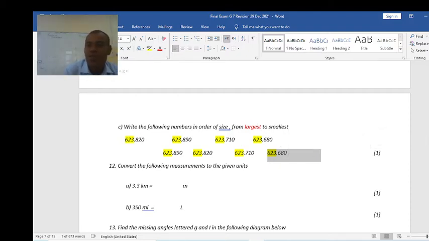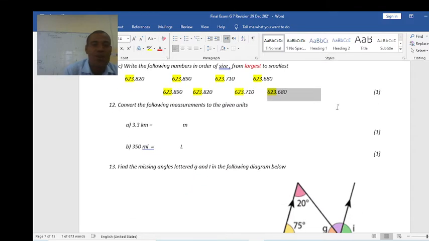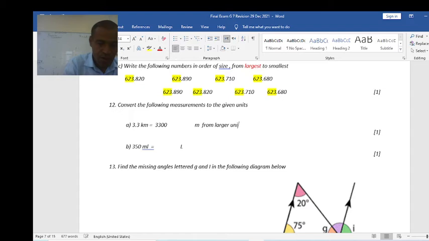Now move to the measurement metric unit. Convert the following measurements to the given units. 3.3 kilometers will be what? It will be 3,300. Why? Because we multiply from a larger unit to a smaller unit. We multiply by 1,000, between parentheses, from larger unit to smaller unit.